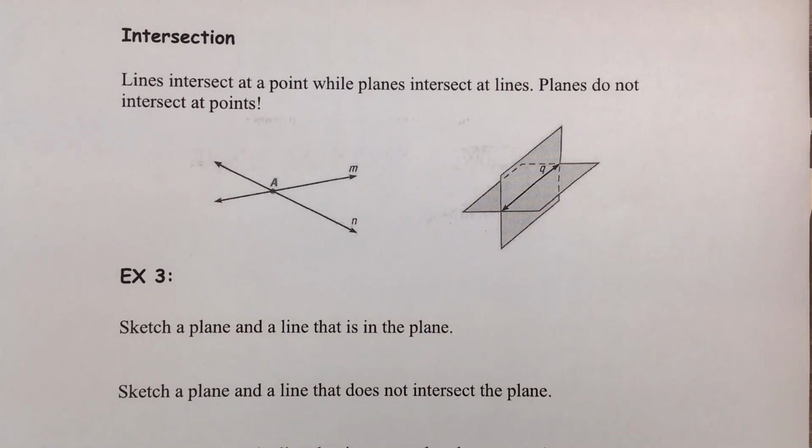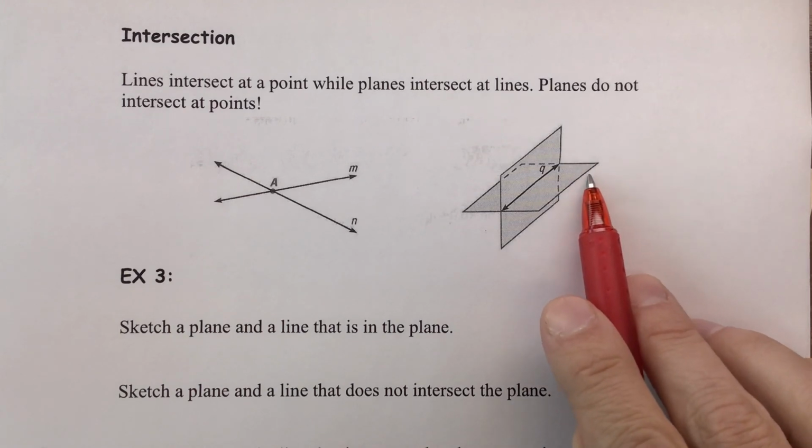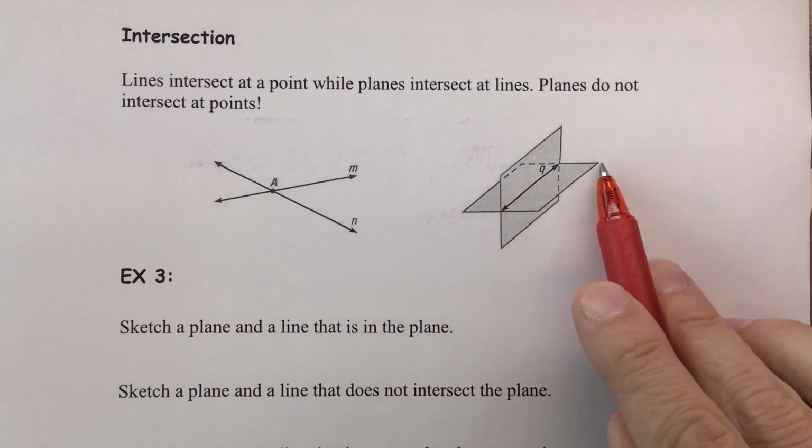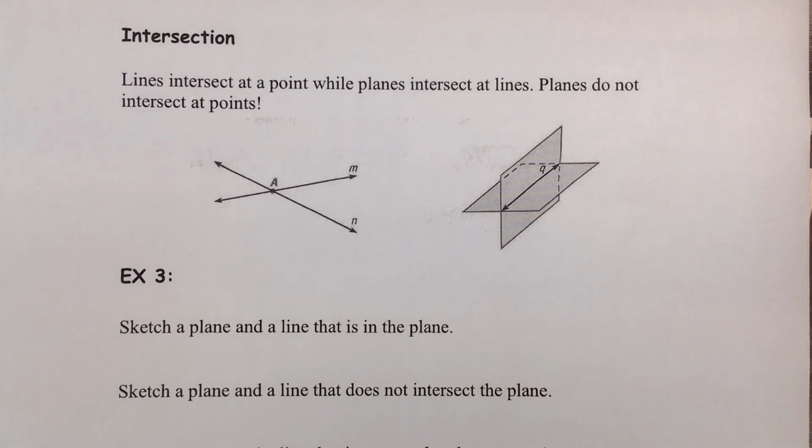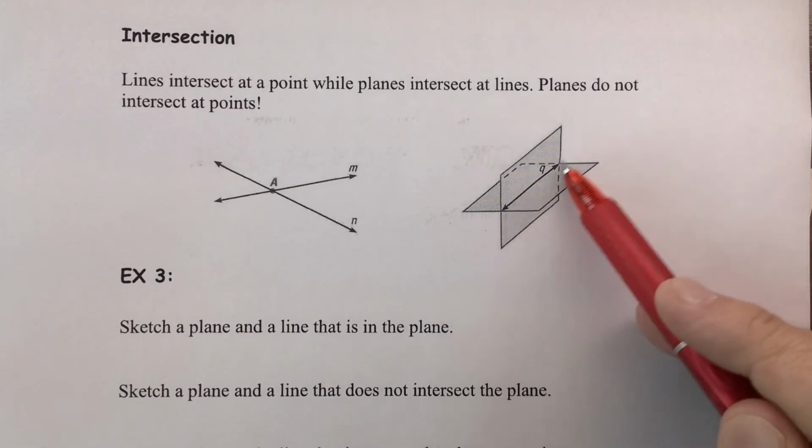So if you needed to draw a picture of a couple of planes intersecting, you have to keep in mind that they don't have edges on them, and they definitely don't have little corners. So you can't take two planes and just match up two corners together and say that they intersect at a point. That isn't true. When the planes extend out forever as they should, they eventually create lines that look like this.